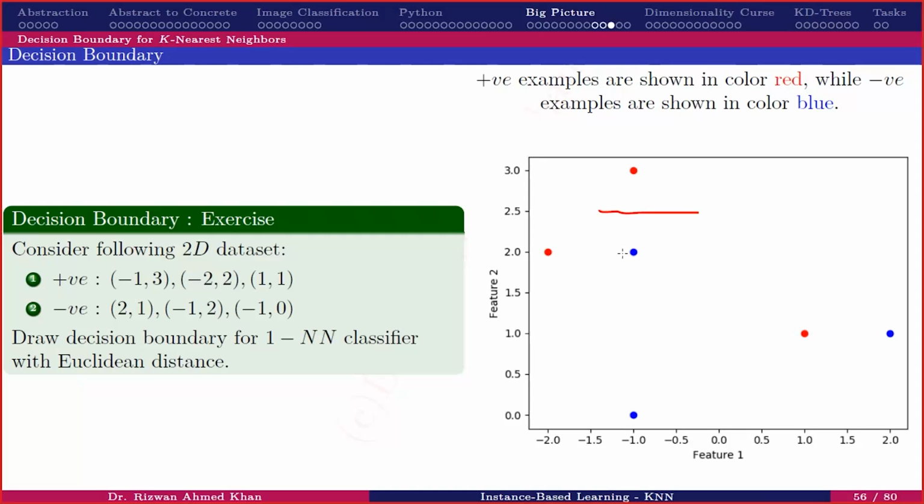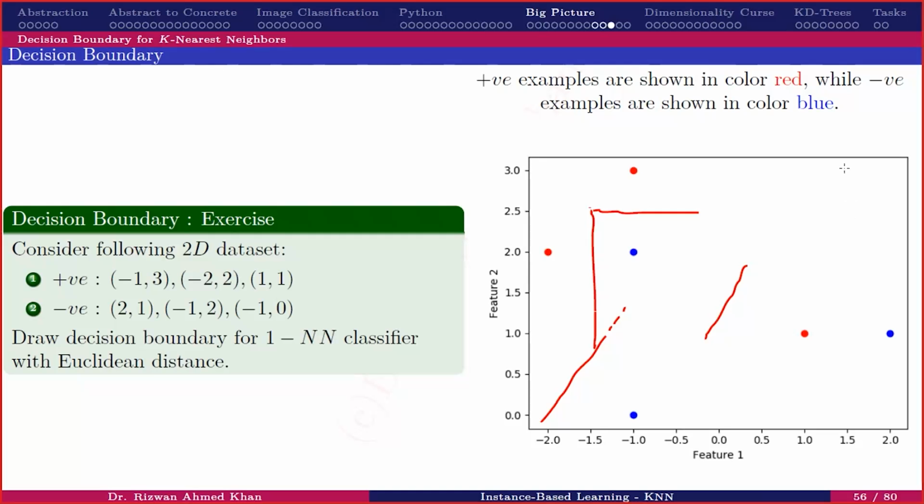Perpendicular bisector of 2 points from 2 different classes again. ठीक है. Something like this. Now इस point और इस point का impact is something like, right? So these two interact over here. These 2 points' perpendicular bisector should be something like this.